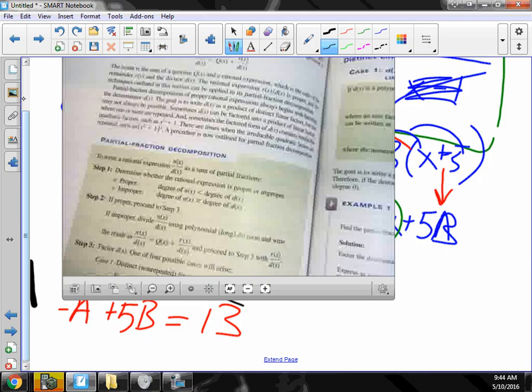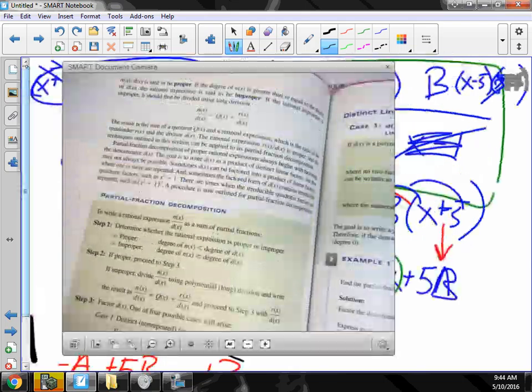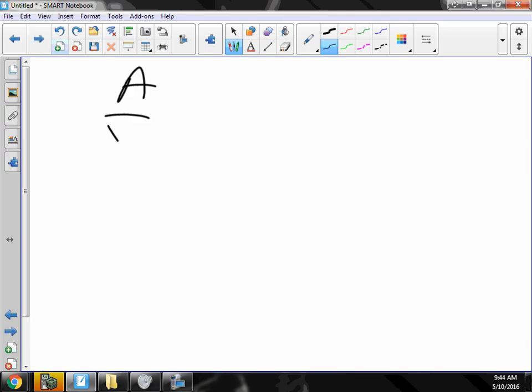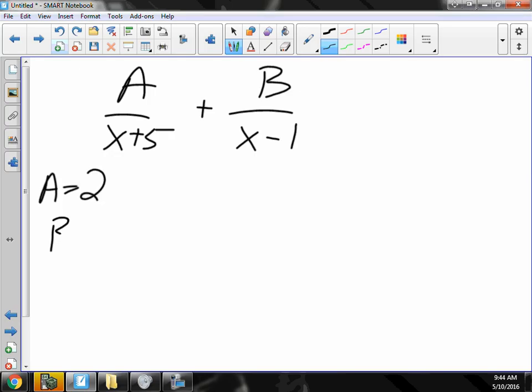So I need to go back to my original equation, right? My original partial fraction right here. So I have A over x plus 5 plus B over x minus 1. And I know that A equals 2 and B equals 3.